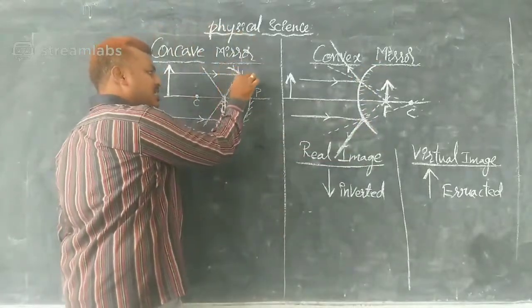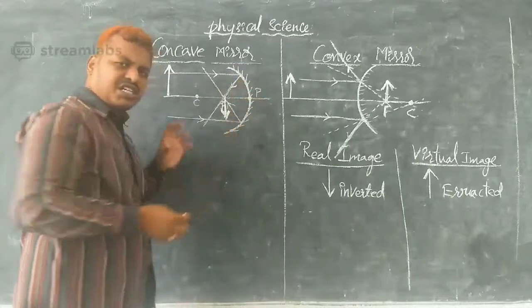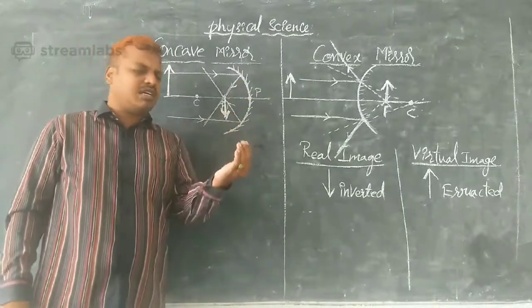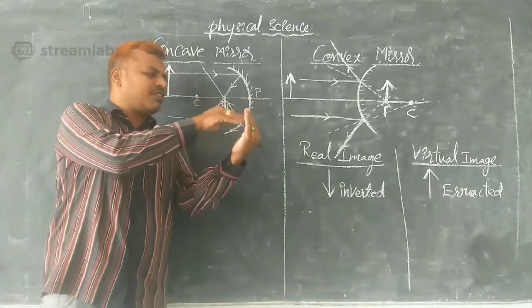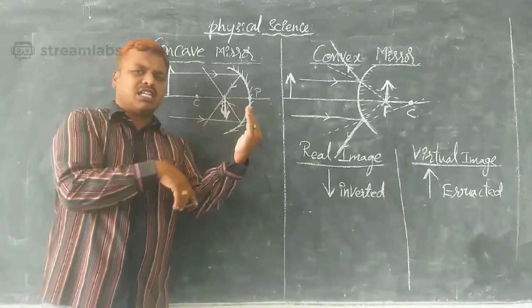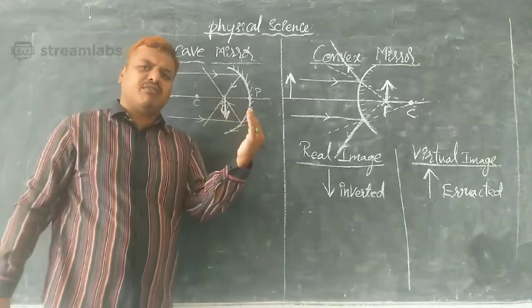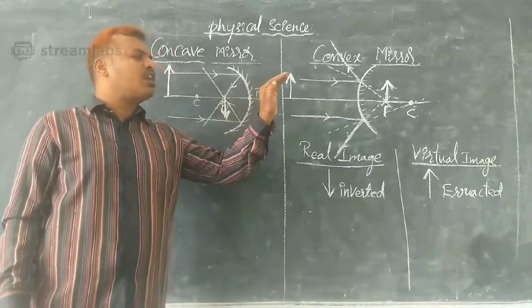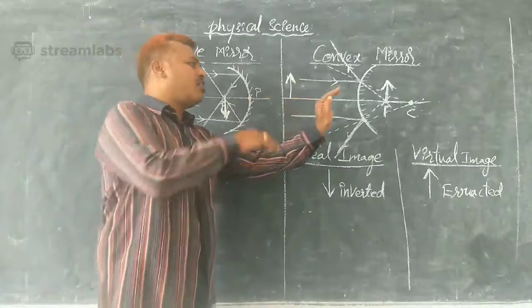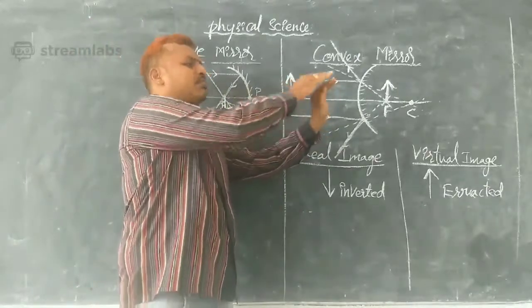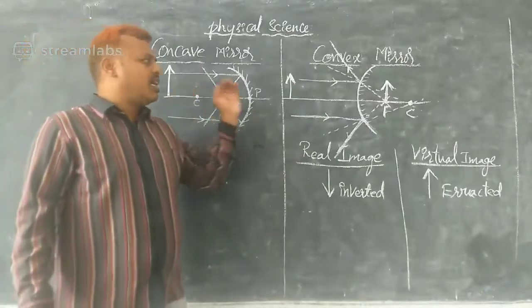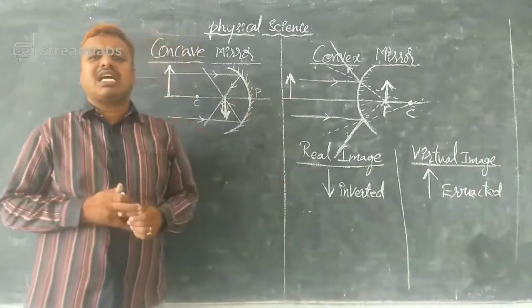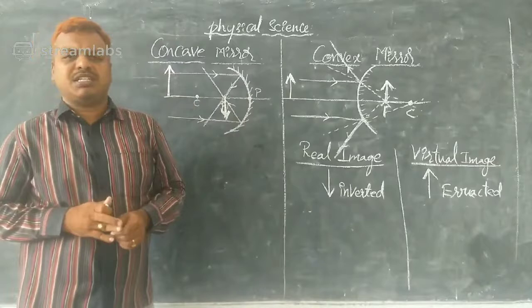This surface is shrinked inside, just like a spoon when you see. So the inner surface is the reflecting surface. That is why this is a concave mirror. When it comes to convex mirror, the reflecting surface is bulged outward. That is why the reflecting surface is giving you different types of images.